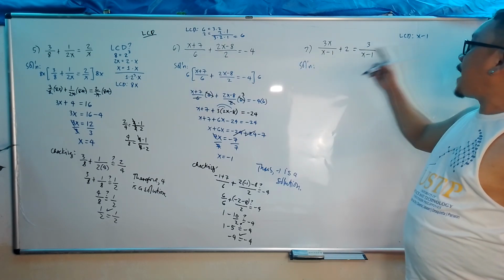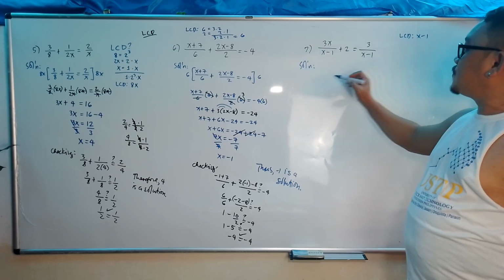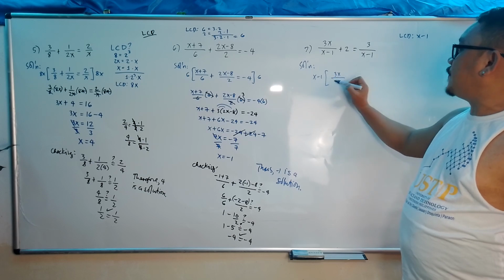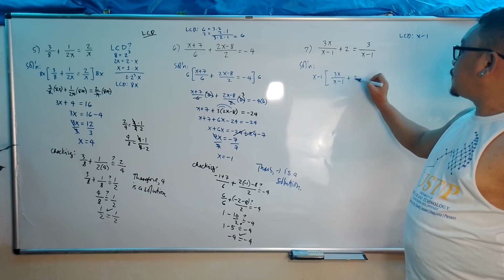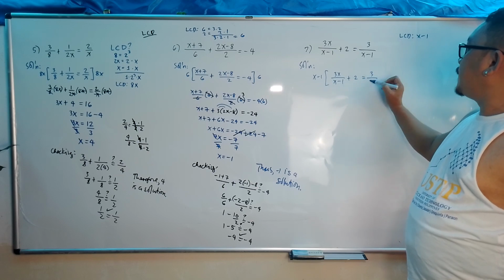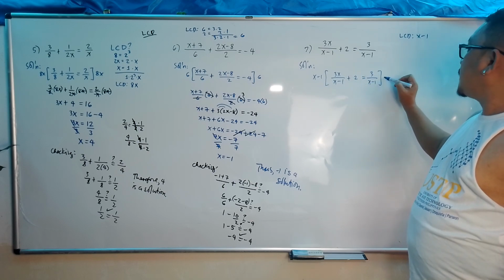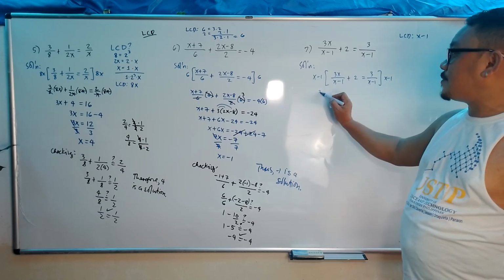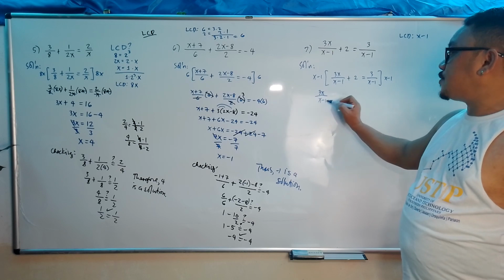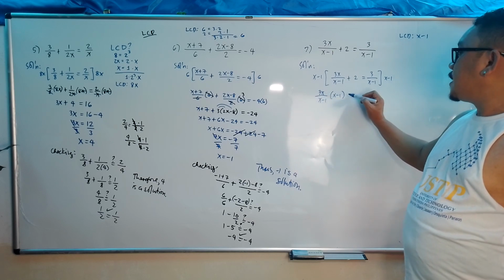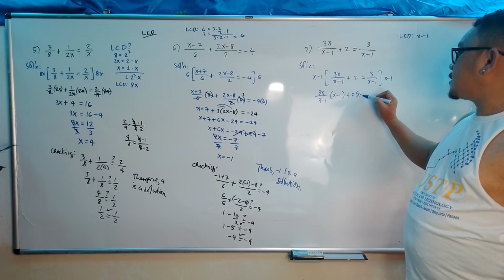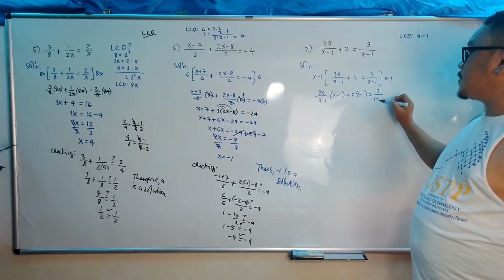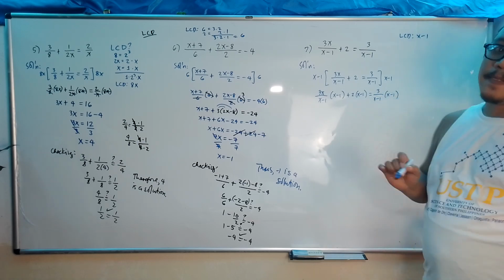Okay? We will multiply the entire equation by x minus 1. So, you have x minus 1 multiplying 3x over x minus 1 plus 2 is equal to 3 over x minus 1, then times x minus 1. So, you have 3x over x minus 1 times x minus 1 plus 2 times x minus 1, is equal to 3 over x minus 1 times x minus 1.